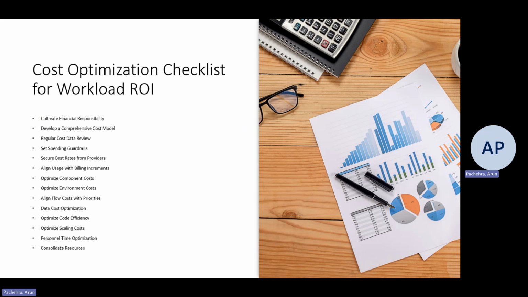It's not like whatever money you have, you just spend that, but you also have to plan for unexpected spikes or unexpected incidents or resources. So a comprehensive cost model is not just closing your eyes and picking a number.